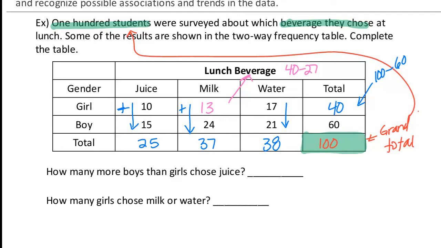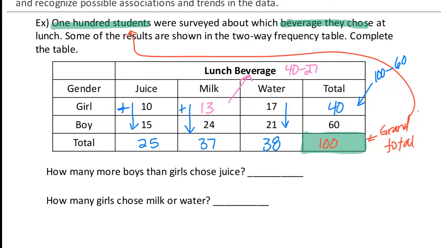You could have done it the other way too, like Alondra said, 25 plus 38, then subtract from 100, which still gives you 37. The main thing to notice is that we add going downwards, and we subtract going upwards. If you need to find a value on top, you subtract from the bottom.